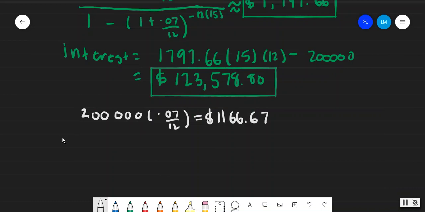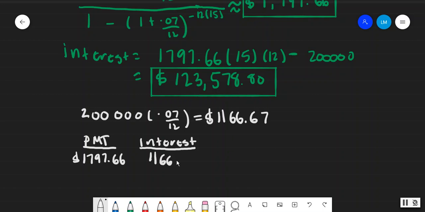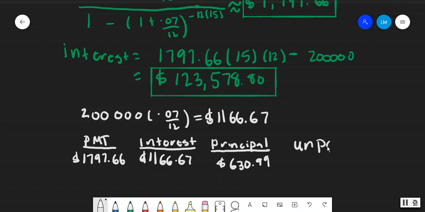That means we have the payment of 1,797.66, the interest, which in this case is 1,166.67, and the principal, which is 630 and 99 cents. Now, you could say that this is the unpaid balance.